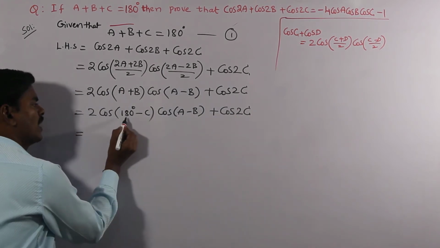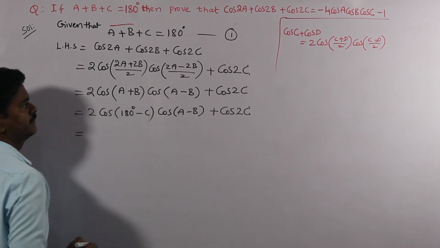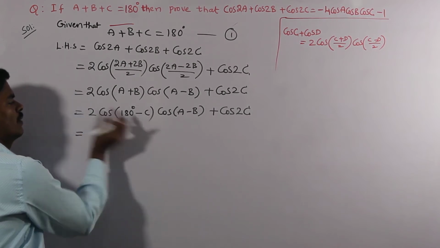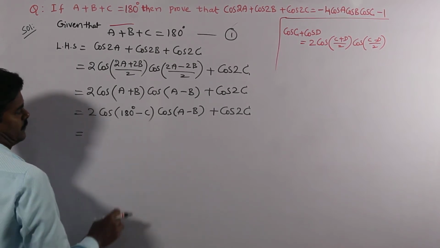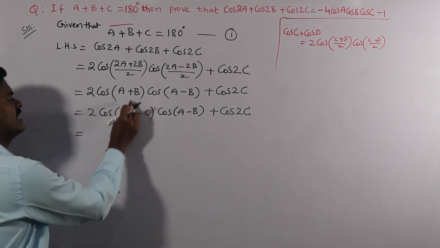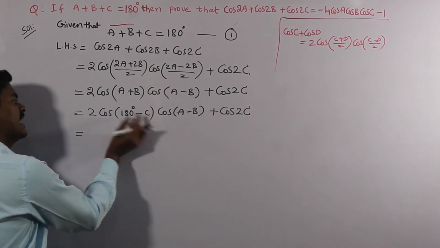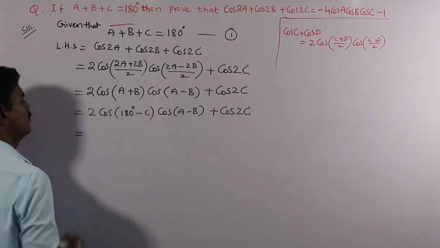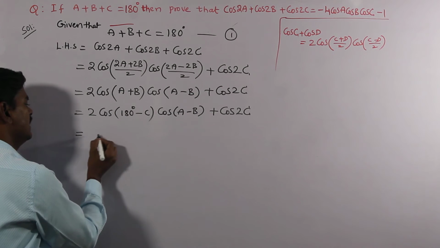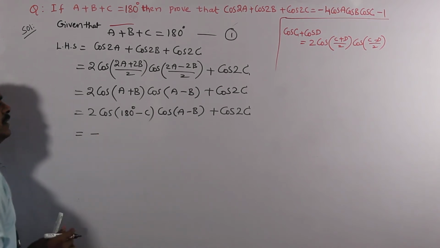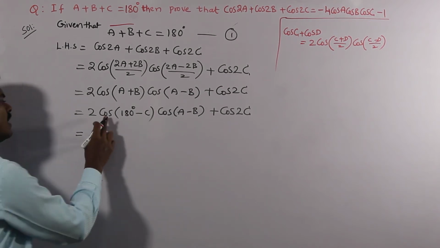Now 180 degrees minus theta belongs to the second quadrant. In the second quadrant, only sine and cosec are positive, so cos is negative.